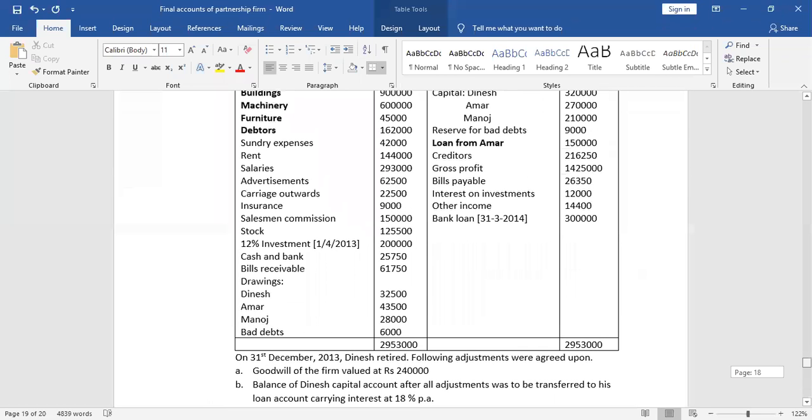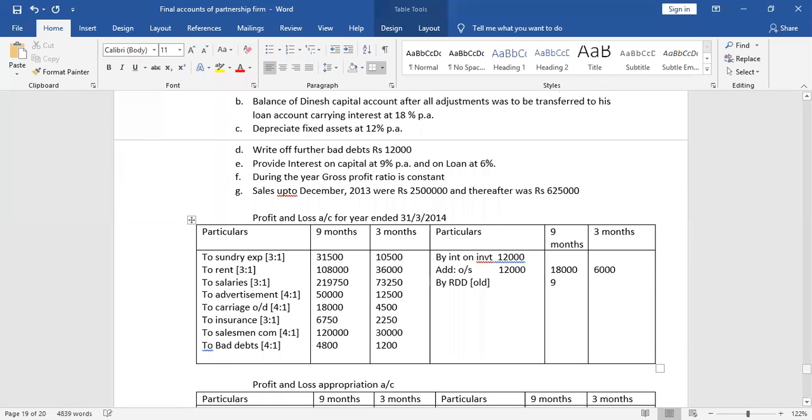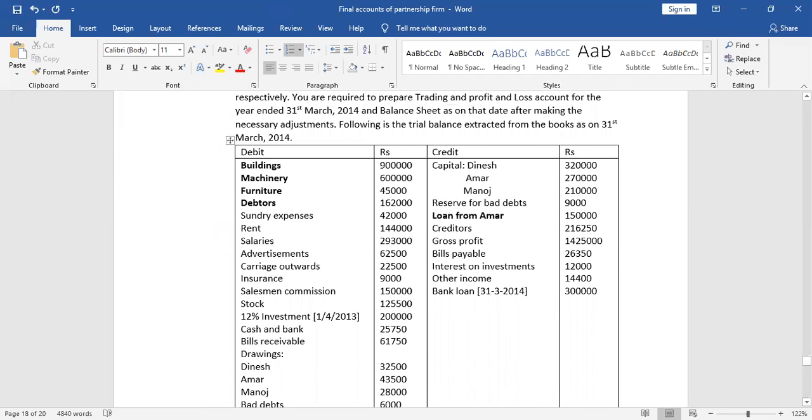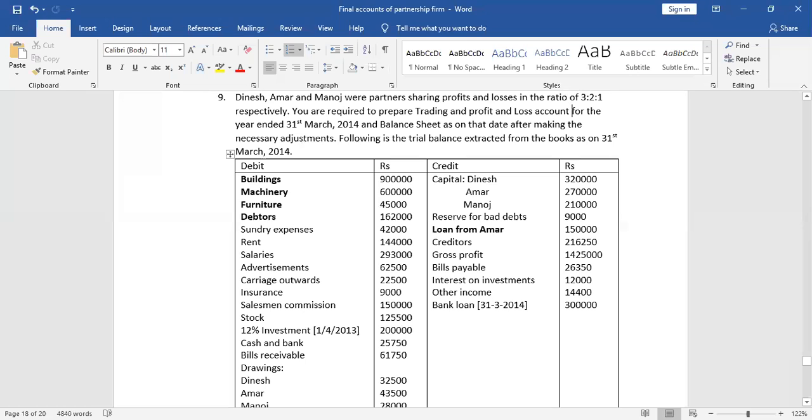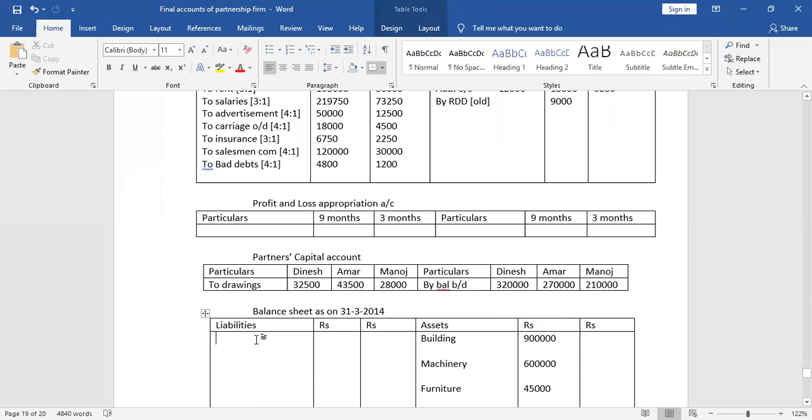The amount of RDD is 9,000. So we will show it here, 9,000, because it is of last year. So we assume it is before retirement. And then loan from Amar, in this there is an adjustment. So we will show here loan from Amar.